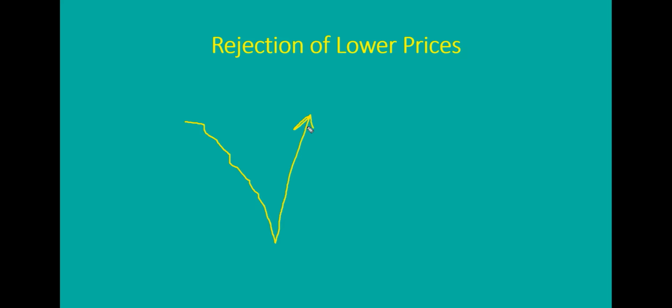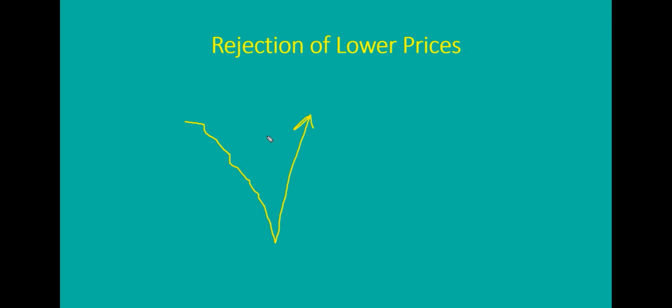What this means in trading is that sellers are aggressively pushing the price downwards, and then the price hits some support and strong buyers start jumping very aggressively in the market, and they start pushing the price in the opposite direction. In this case, they start pushing the price aggressively upwards.